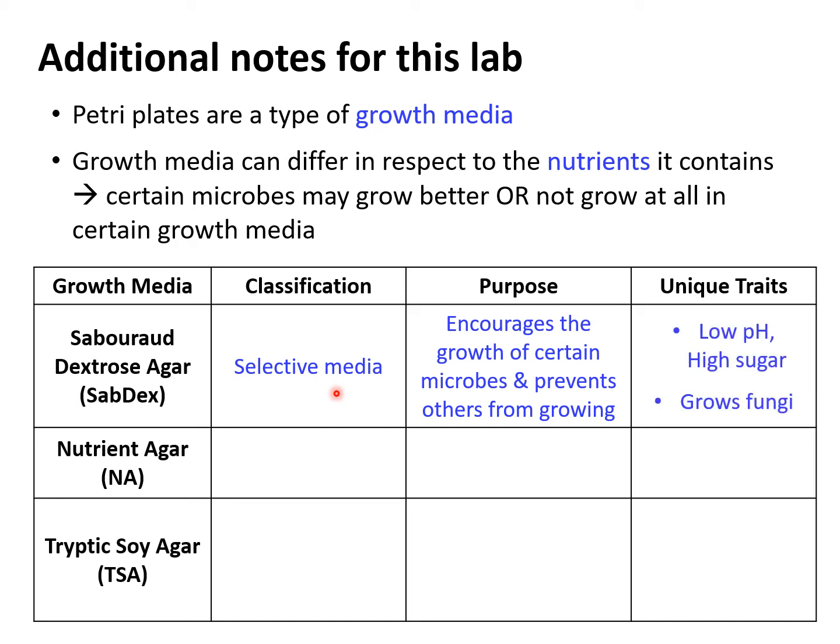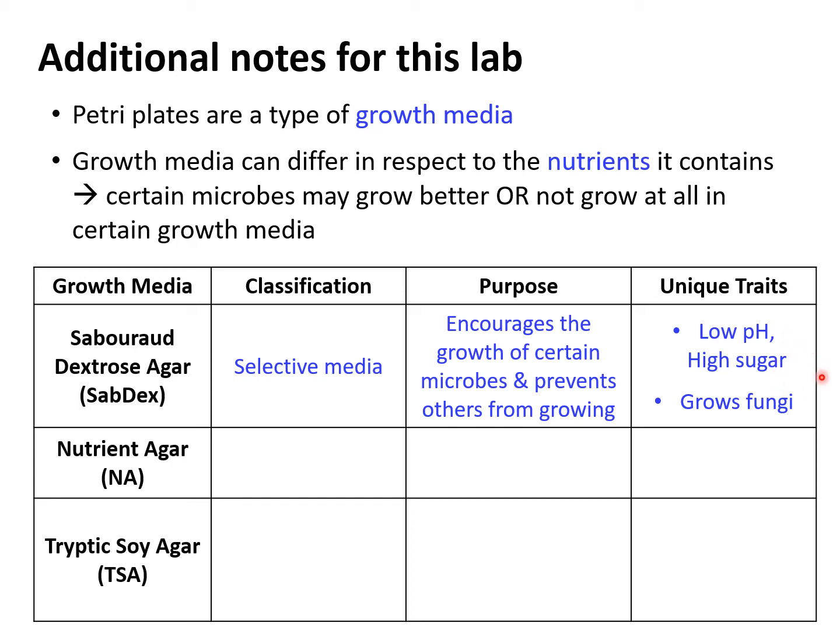When we make the Sabdex medium, some of the characteristics that it ends up having is that the pH of the media itself is pretty low, around 5 to 6, and sometimes they even make it lower.